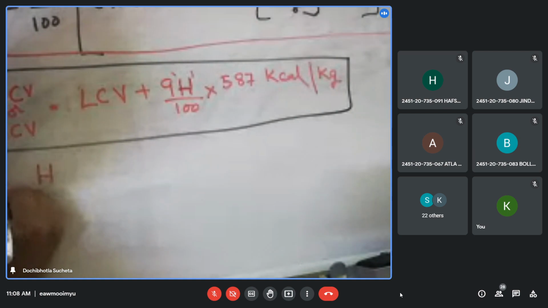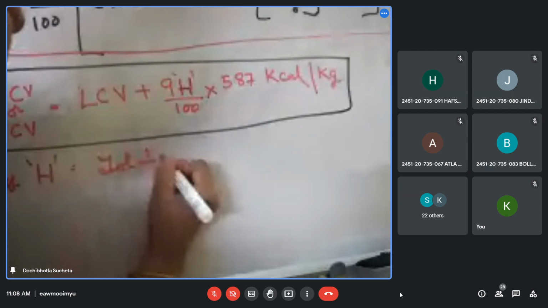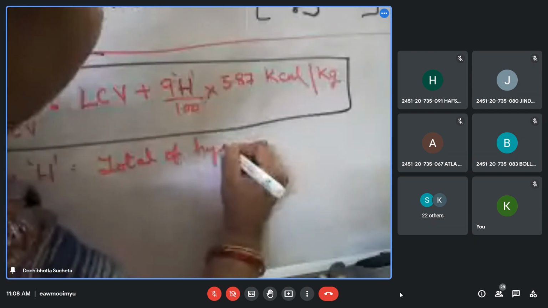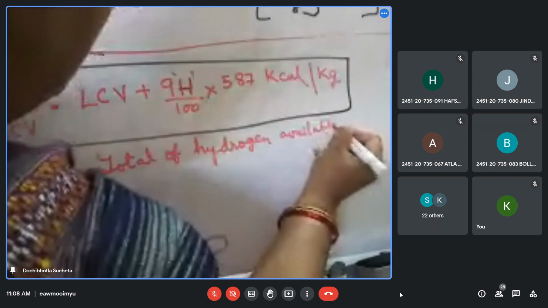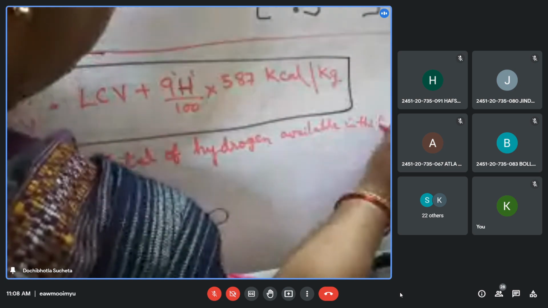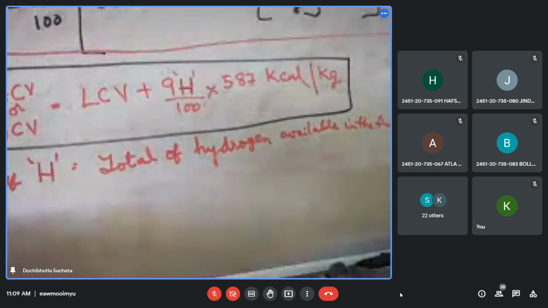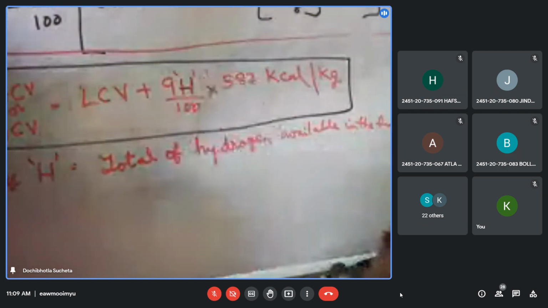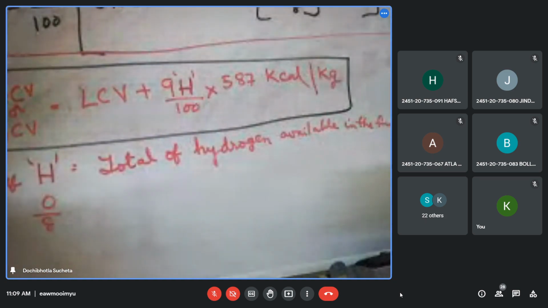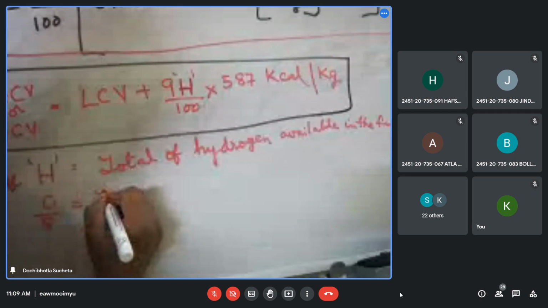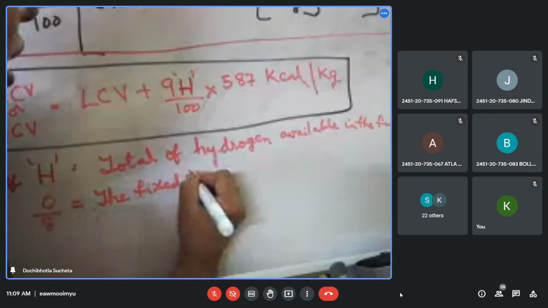If capital H is equal to the total amount of hydrogen available in fuel, then some amount of hydrogen got reacted with oxygen to form fixed or combined hydrogen. That is O by 8. O by 8 is equal to the fixed or combined hydrogen.